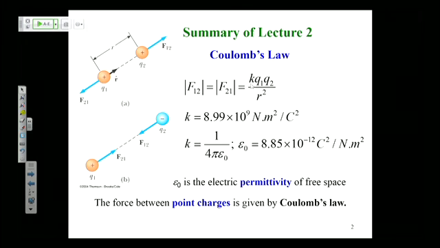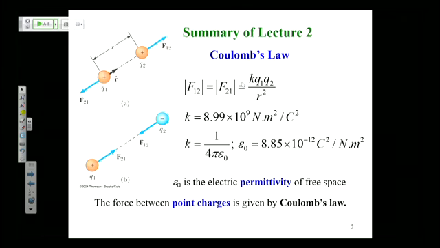The proportionality constant k is called the electrostatic constant, and when we use SI units, it is equal to 9 multiplied by 10 to the power 9 newton meter squared per coulomb squared, and it can be represented sometimes using the permittivity of free space constant, k equals 1 divided by 4 pi epsilon naught.